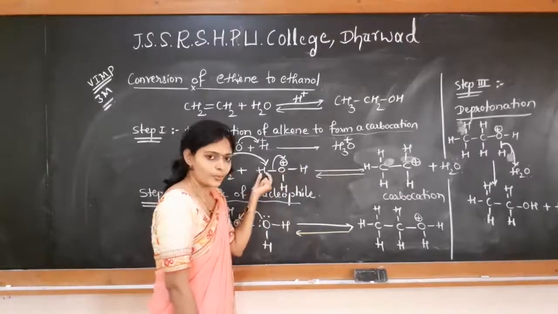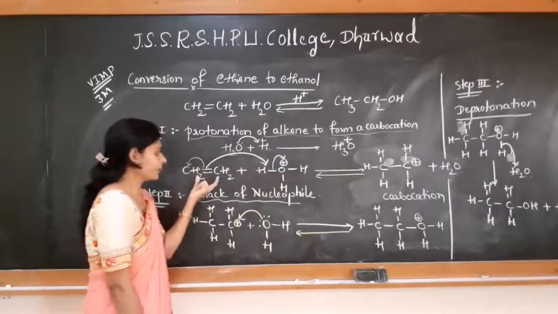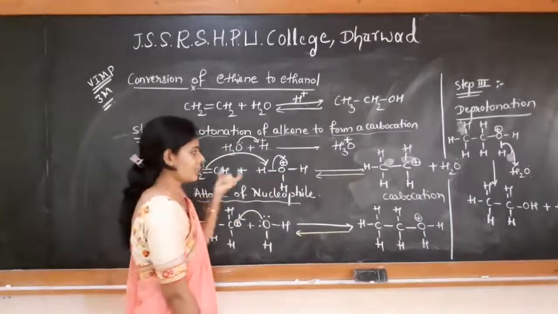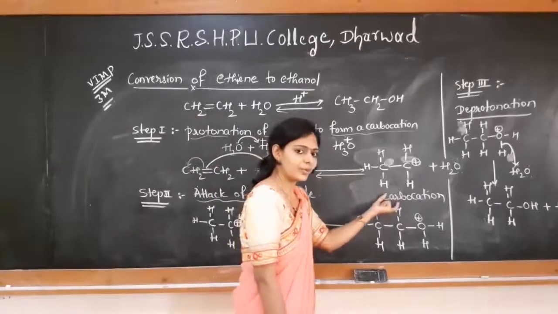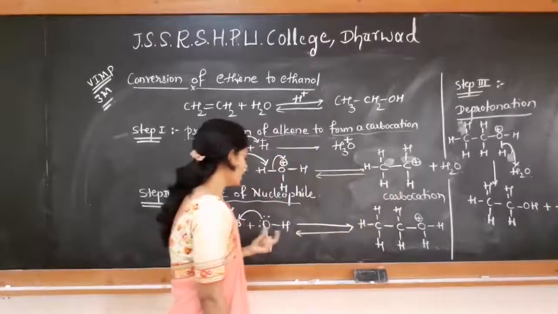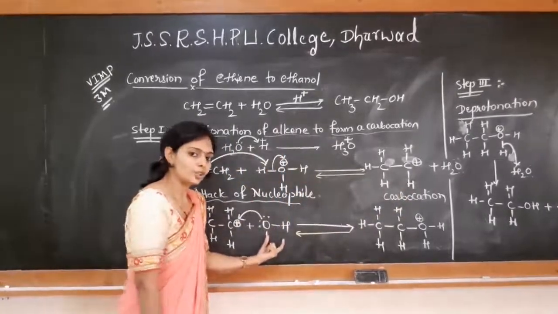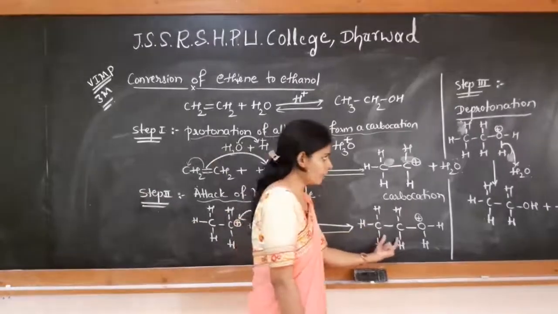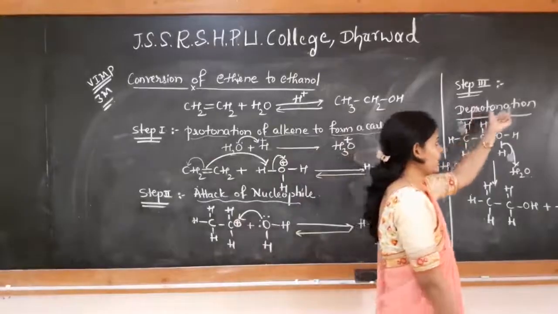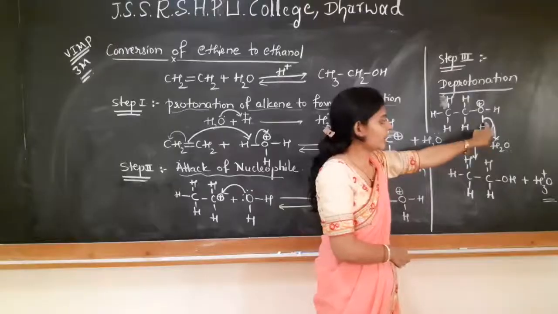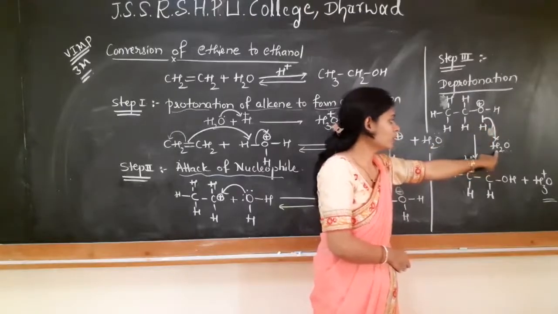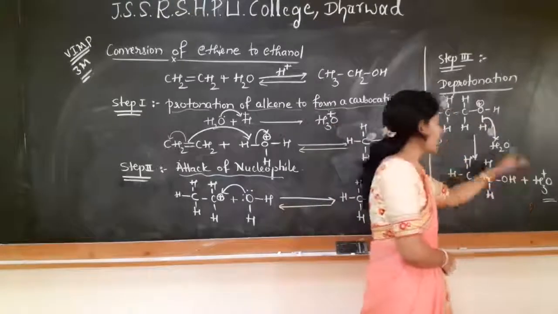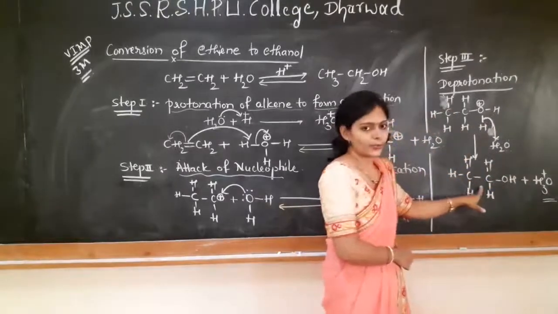That remaining H plus is now attacking the alkene, ethene, so that there is a formation of a carbocation. This carbocation is further attacked by the nucleophile water, so there is a formation of protonated alcohol. And finally, in the last step, there is a deprotonation. That H plus is taken by water to release H3O plus and the stable alcohol is formed as a product.